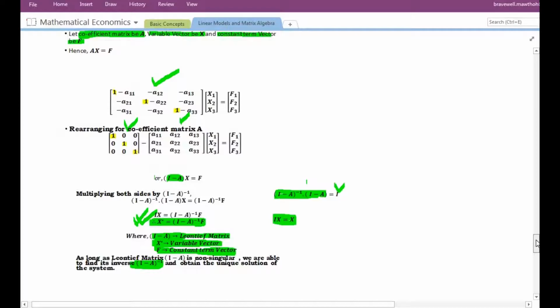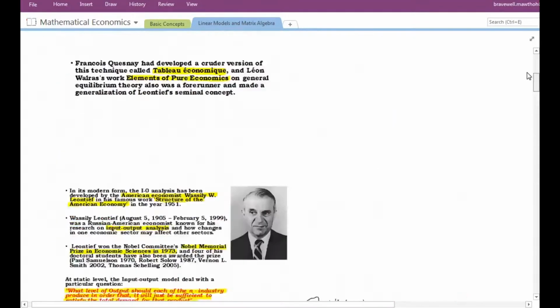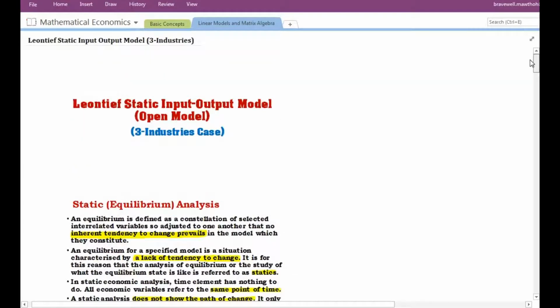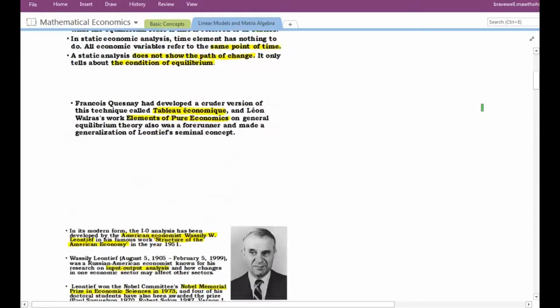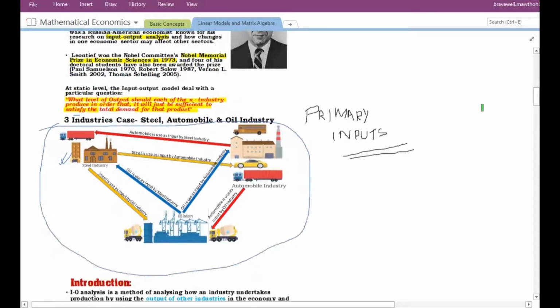So this is the Leontief input-output model, an open model for the three industries case, that is the steel industry, the automobile industry and the oil industry.